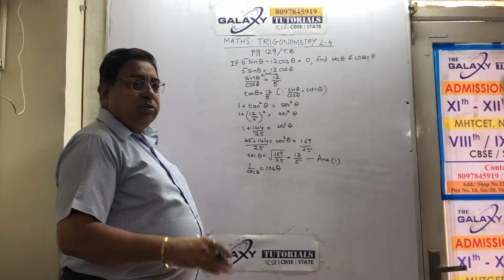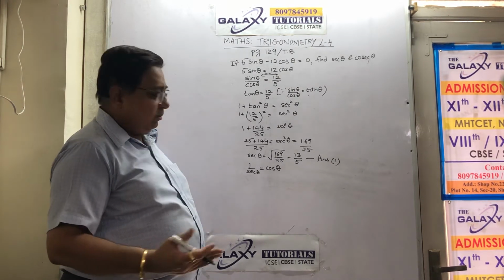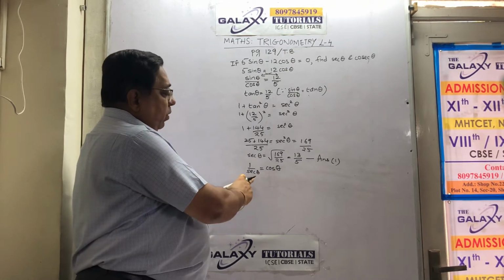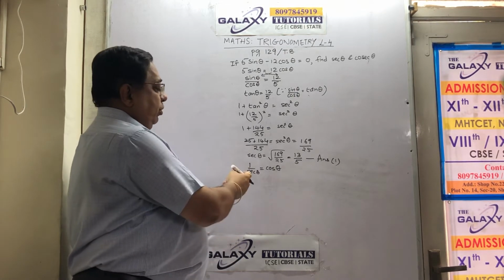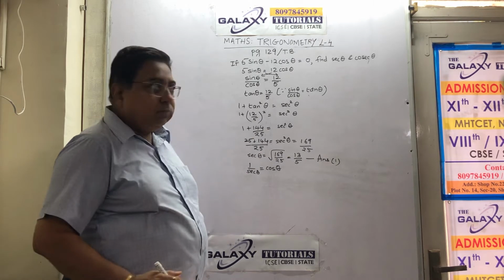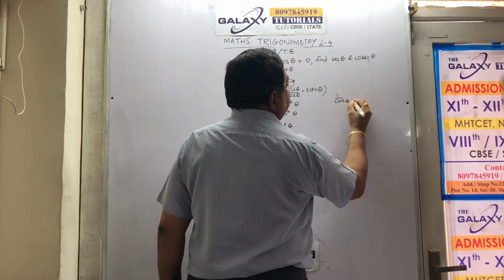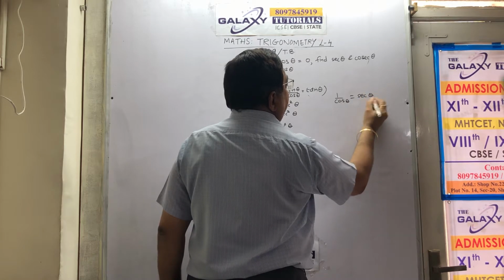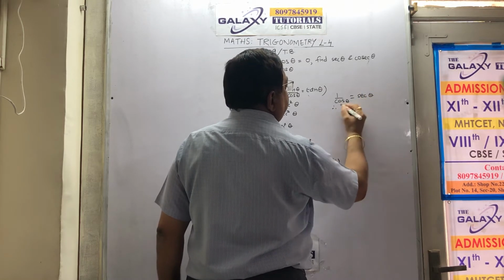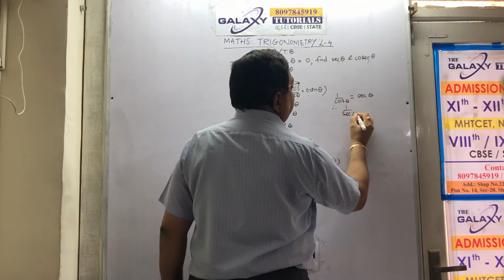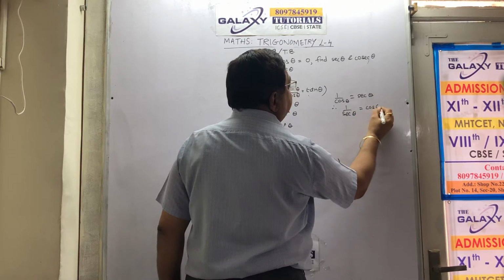The 3 ratios are primary, 3 are inverse. So when I invert 1 upon cos, I get sec. So it means 1 upon sec is cos. Okay? 1 upon cos is sec. Therefore, this goes on top, this comes down. 1 upon sec theta will be cos theta.